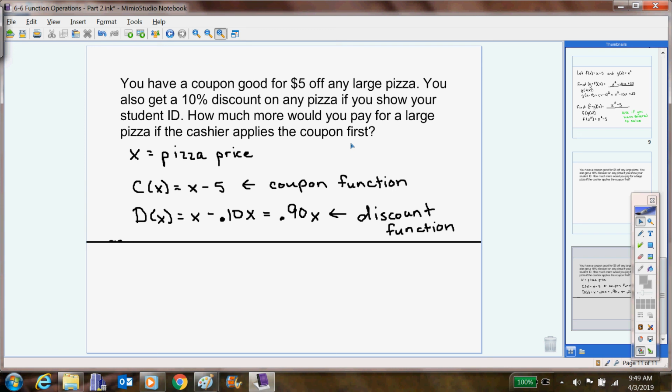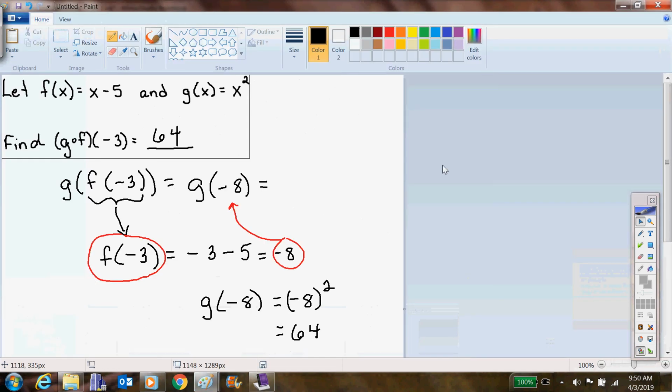We have to do the one, first of all, where you're doing C of D of X. So that if you did C of D of X, and C of D of X would be applying which one first? If we did, let me write it so you can see.